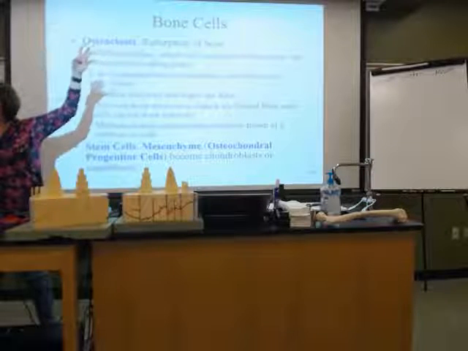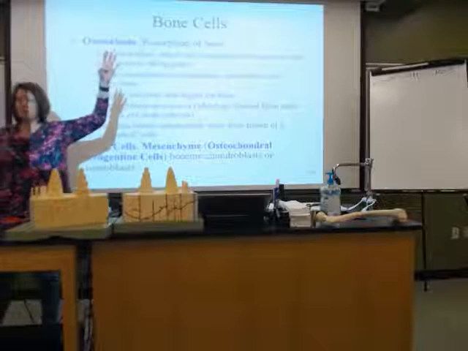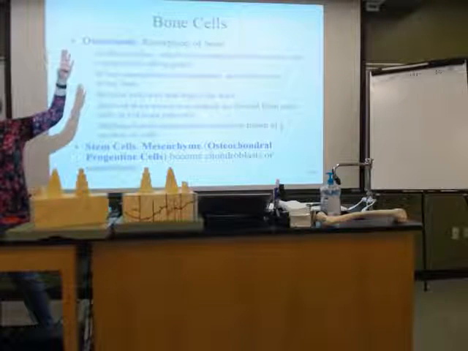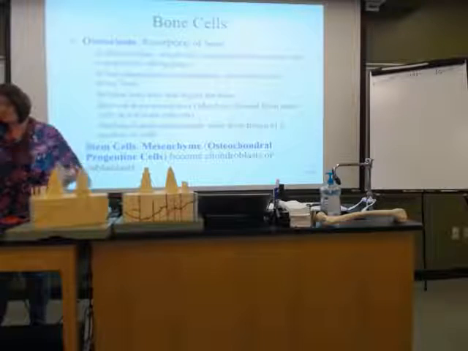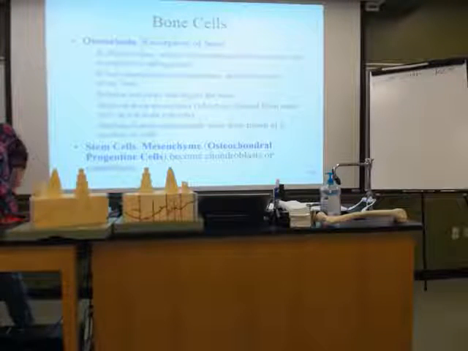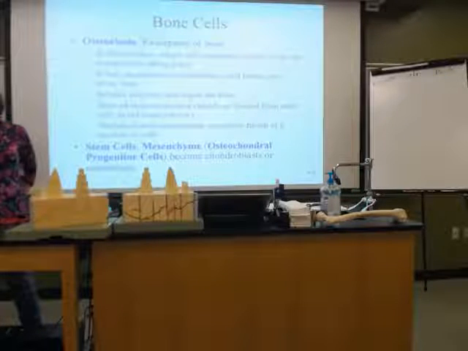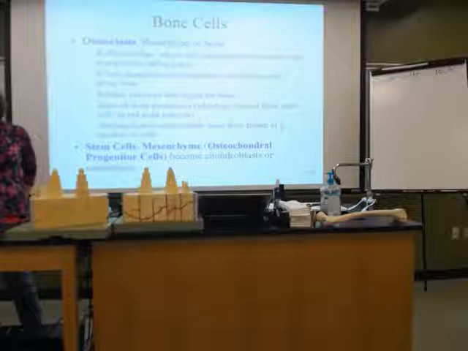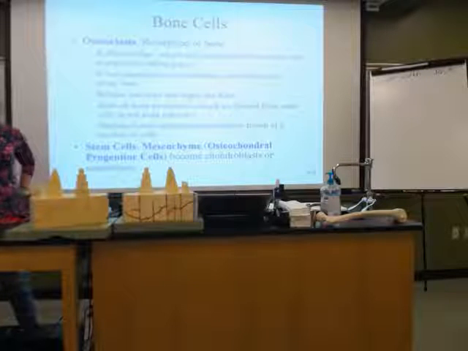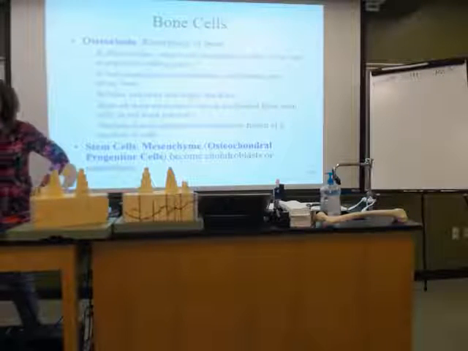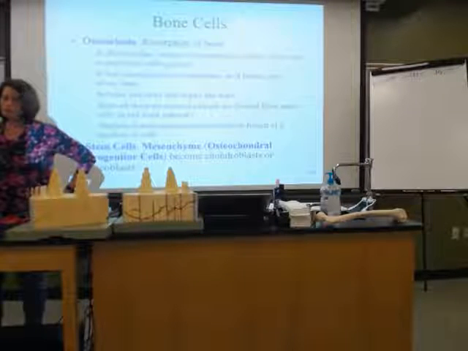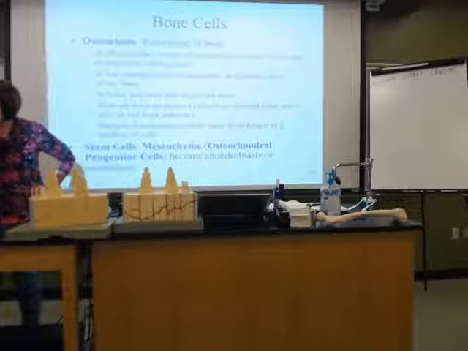All right? So we have 4 components of this system. Cartilage, 3 types. Hyaline, fibrocartilage, elastic. Which of those 3 did I say are the blueprint for bone?